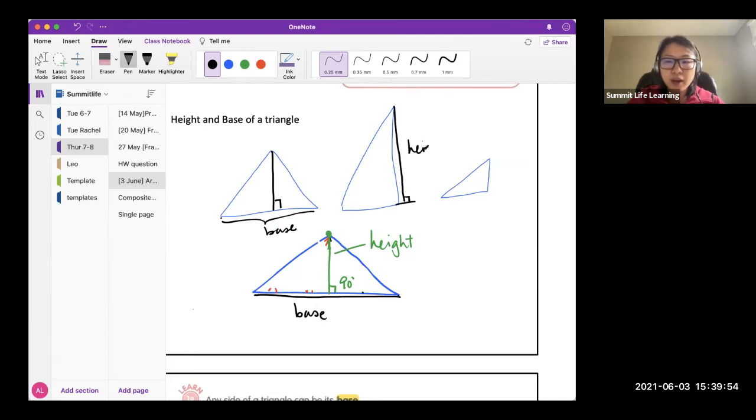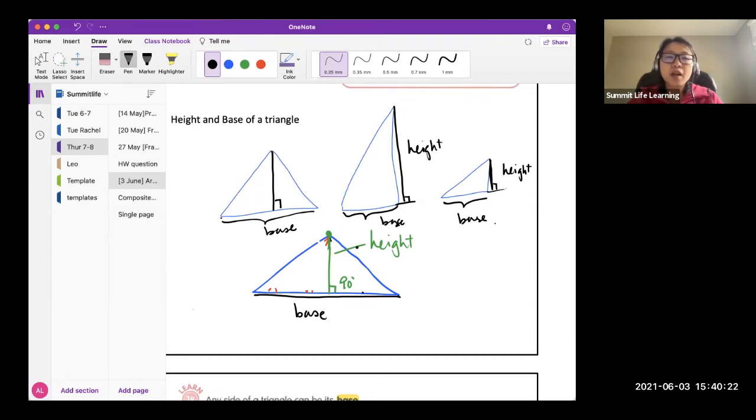This is our height, and this side will be the base. For this one, I also drop a straight line. It has to be 90 degrees. Sometimes it falls outside the triangle. It's okay, it is still the height of the triangle. You just extend the bottom line a little bit, and you will see the 90 degrees. And this is the corresponding base.